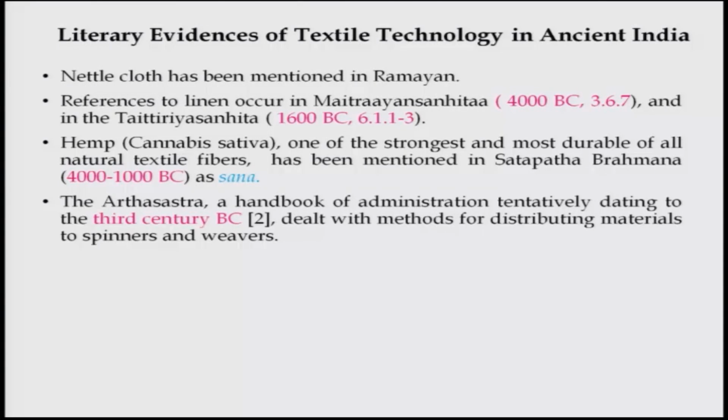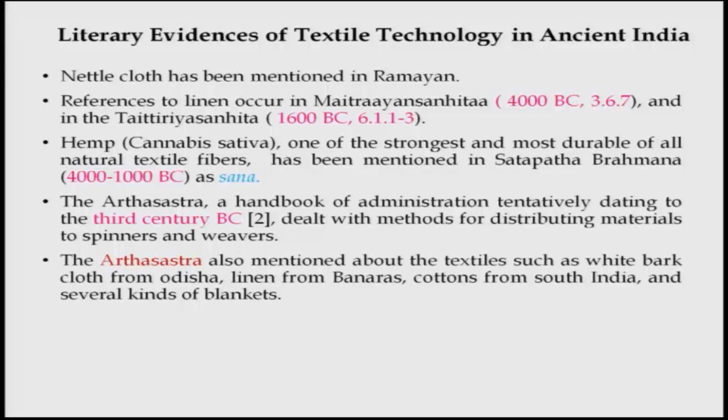The Arthashastra, a handbook of administration tentatively dated to the 3rd century BC, dealt with methods of distributing material to the spinners and weavers. That means cotton, jute, linen and other things were distributed through the government machinery at that time, as is being done today.